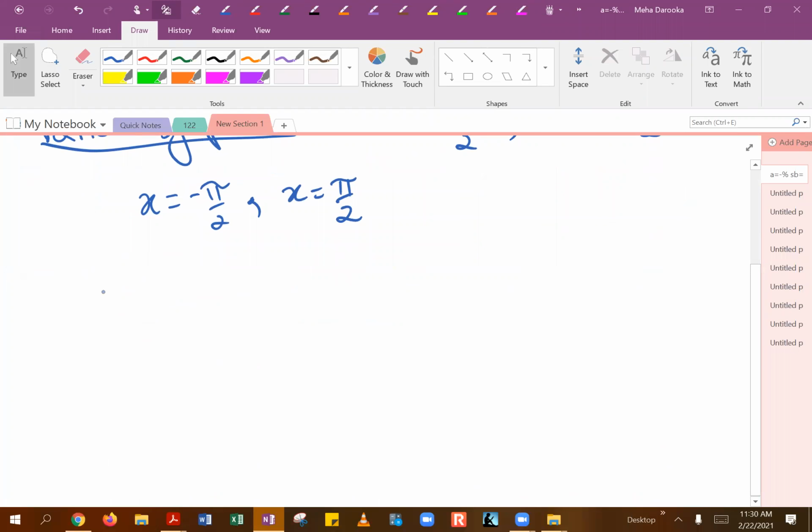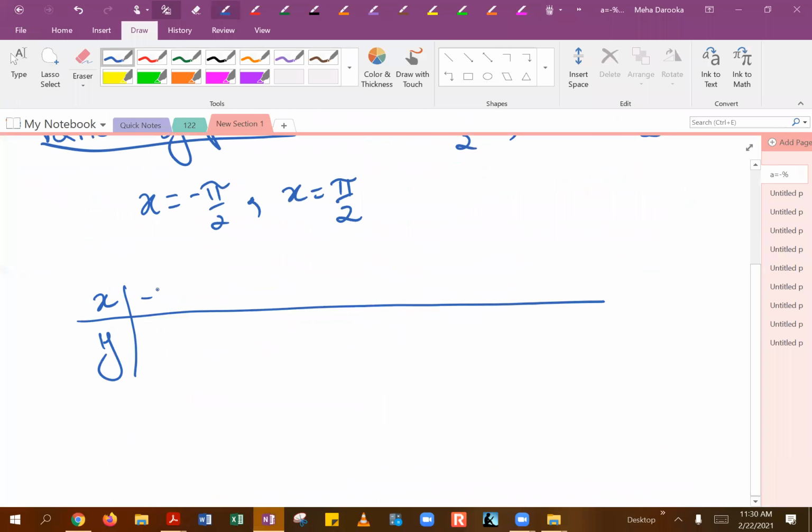So, we can create a simple little table for our x and y values. So we know at -pi/2 and at positive pi/2 is where we have our vertical asymptotes.